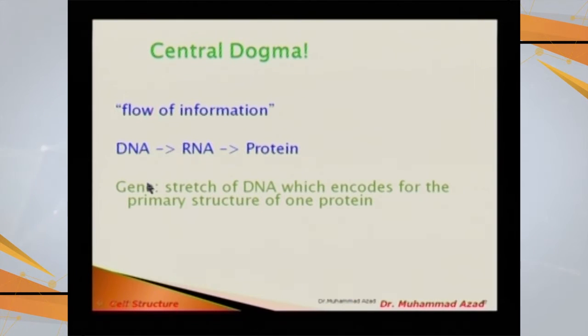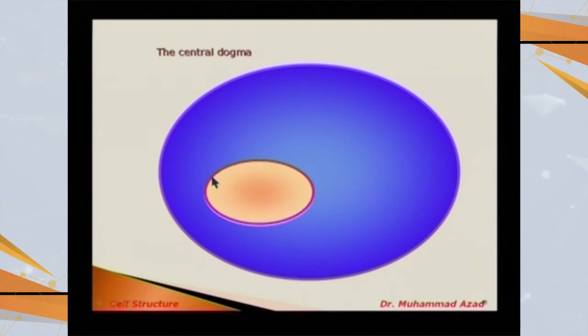It is the stretch of DNA which encodes for the primary structure of one protein, one enzyme, one product. So first, this is the nucleus. It is from the DNA that this RNA is made, and this is the process of transcription, and then this RNA is going to come into the cytoplasm. From the RNA, the protein is being made.